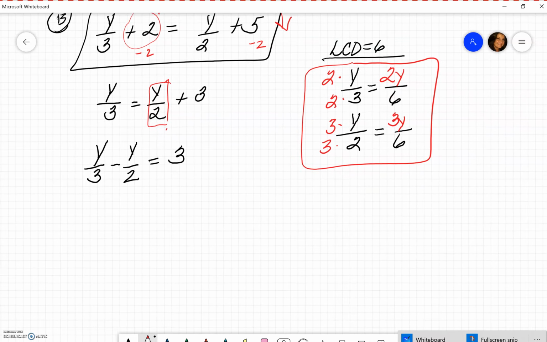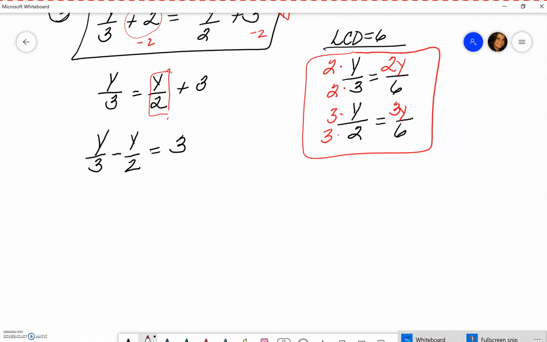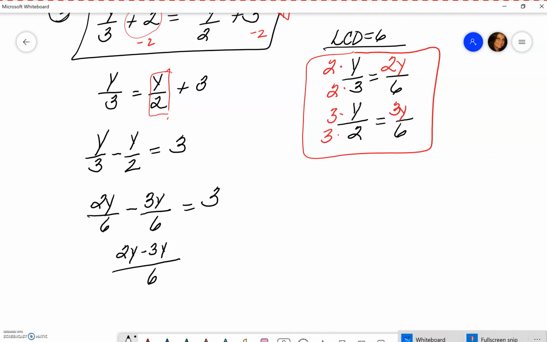So I'm going to go ahead and rewrite those. I have 2y over 6, and I'm subtracting 3y over 6, which is equal to 3. Now I can combine those like terms. So I'm going to rewrite it as 2y minus 3y over 6 is equal to 3.